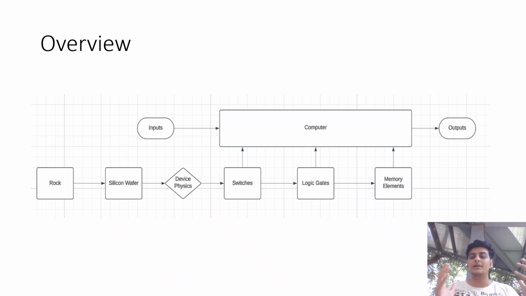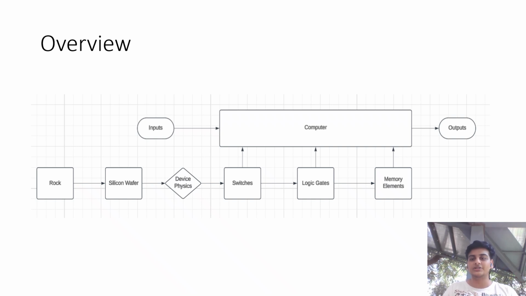So basically, a computer is just made up of these three things, and we have inputs given to the computer, which then go through these circuits made of logic gates, memory elements, and switches, and we get outputs.